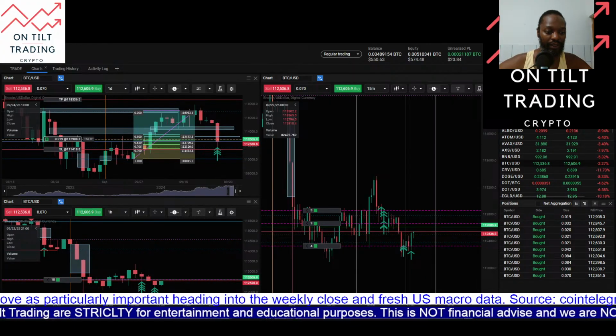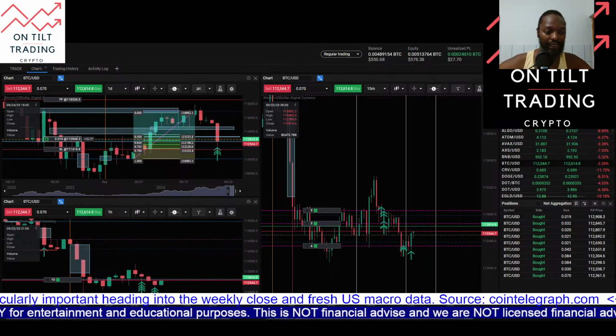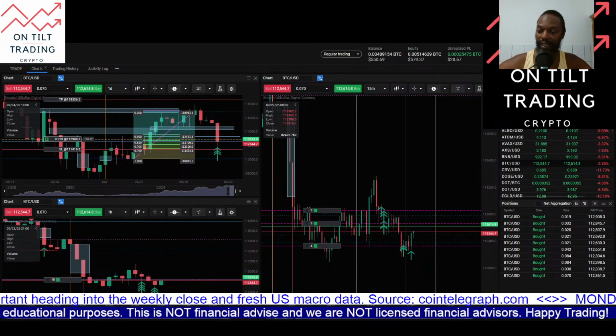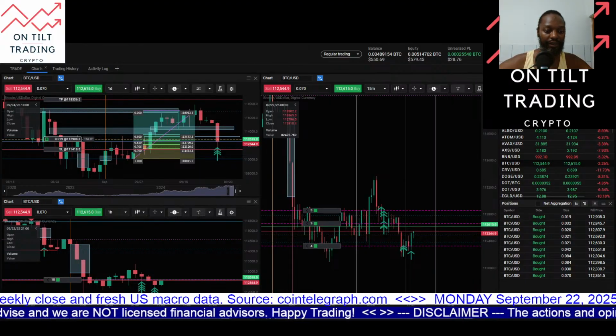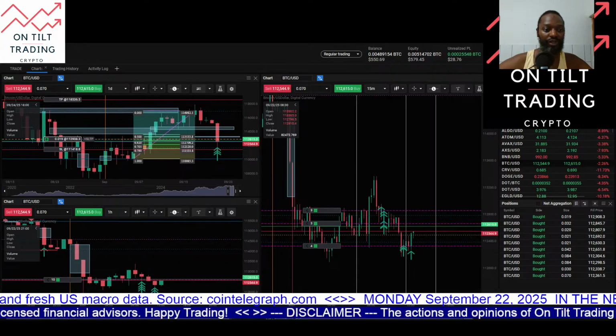This wicks down, but going with this candle here as a stop loss for the third position, or the third entry that I took on this trade.